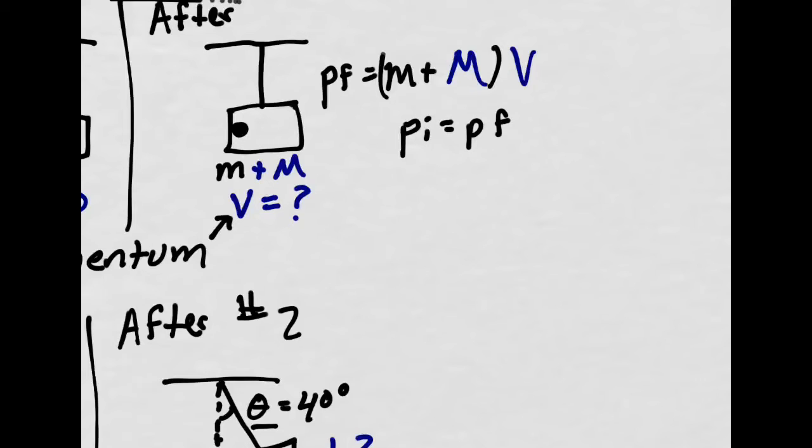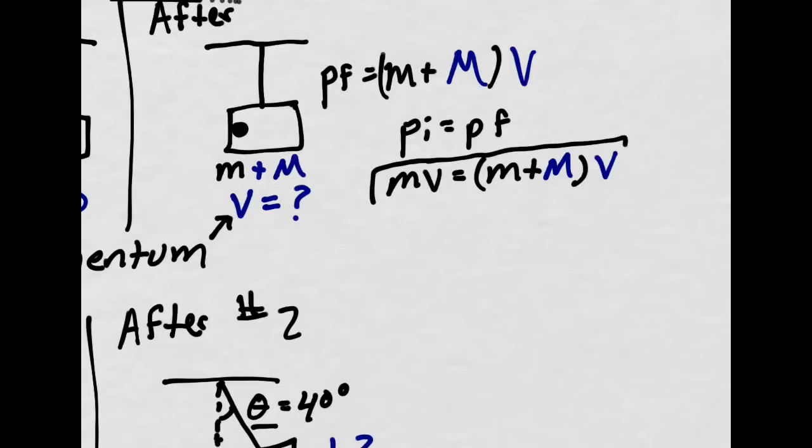So this is mv is equal to m plus capital M times big V. So this is our first equation, and it has all these masses that we know and all of these velocities that we don't.